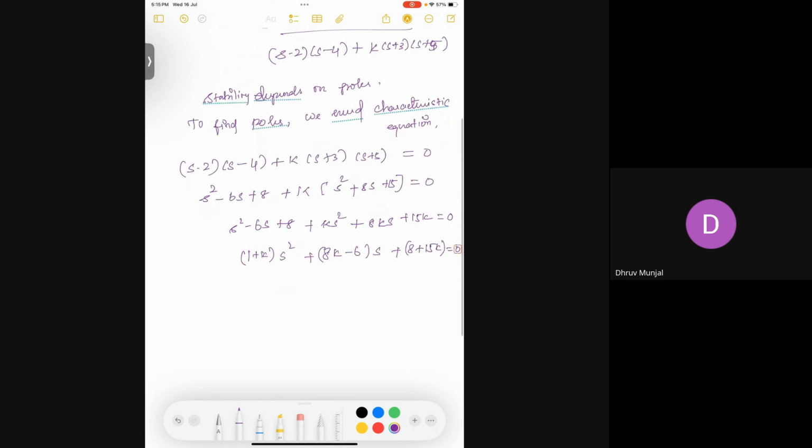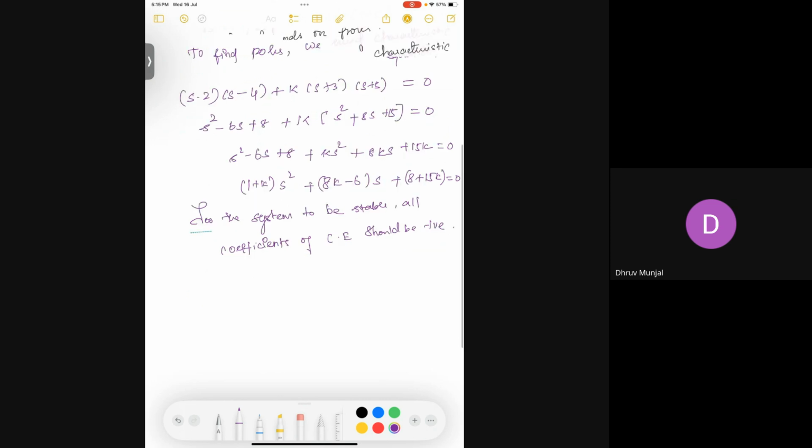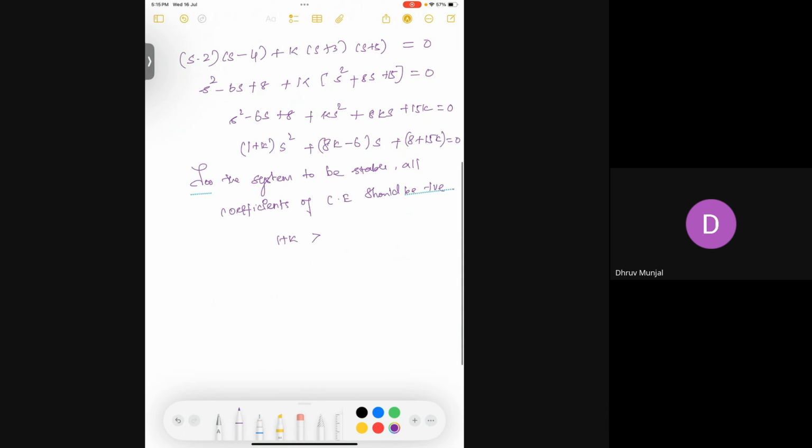So the criteria for the system to be stable is that all coefficients of the characteristic equation should be positive. So the conditions here are: 1 plus K should be greater than 0, 8K minus 6 should be greater than 0, and 8 plus 15K should be greater than 0.